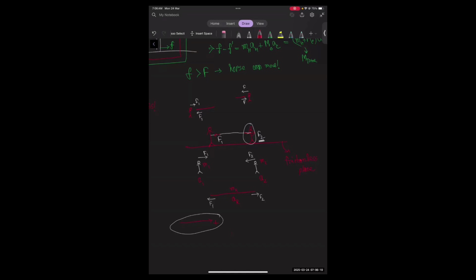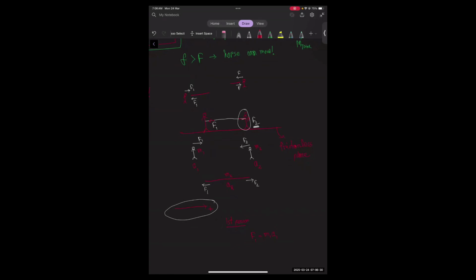So then for the first object, first person, you get F1 is equal to M1 A1. We are applying this individually to each object. Second person, you get minus F2 because it's pointing in the other direction. Remember, we took this direction to be positive. So that is equal to M2 A2.